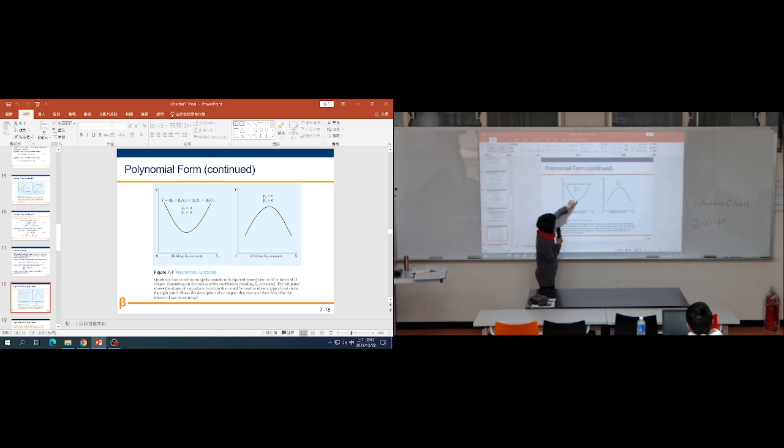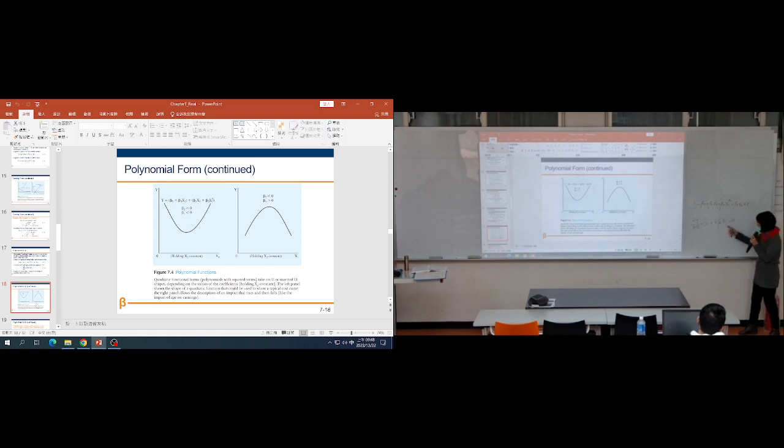Then this point, if we make it a 0, in mathematics, this lowest point will be where the derivative with respect to x1 equals 0. So if you have some data, you solve for beta 1 hat and beta 2 hat.